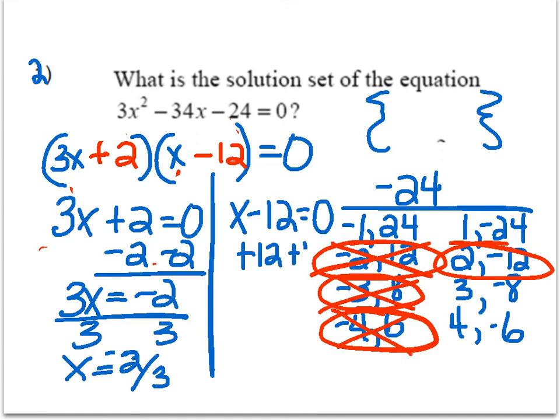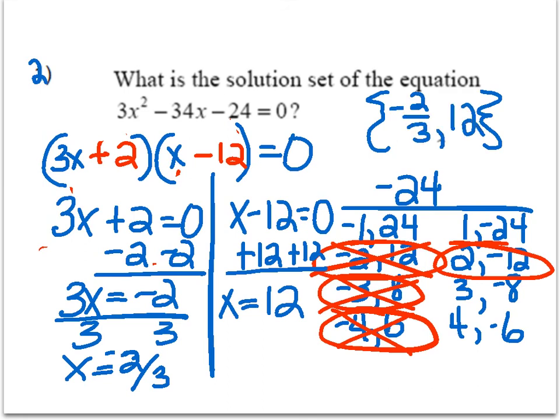The other side is plus 12, and I get x equals positive 12. So my solution set is -2/3, comma, 12. Very difficult factoring question. Very difficult solution set to find.